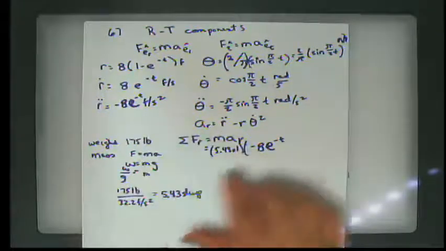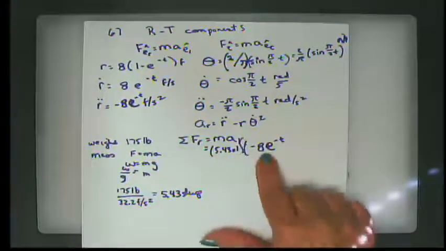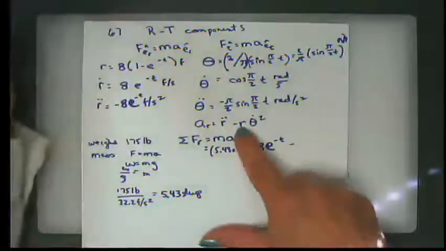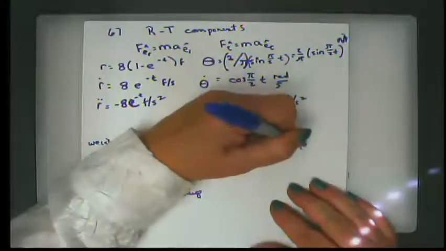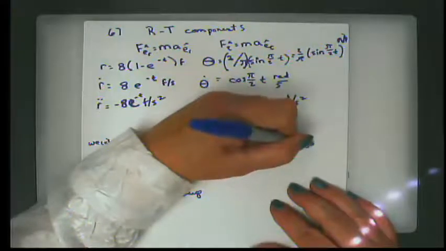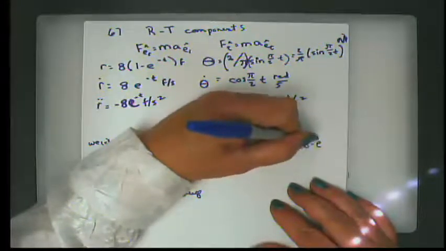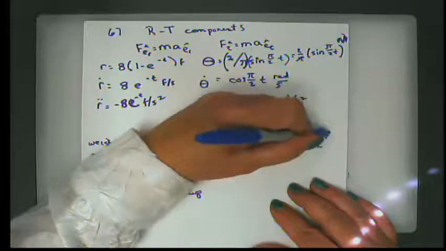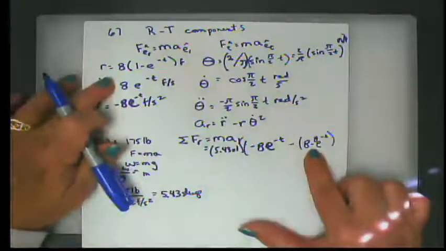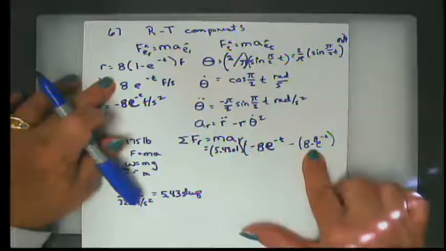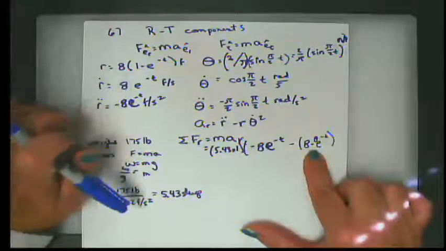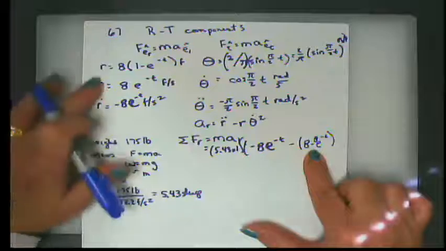Okay, so we have this times r double dot minus r, which is the original function, 8 minus 8e to the minus t. I'm just doing that so I just distributed that 8 through. There's no real reason for that. Times my r function again.